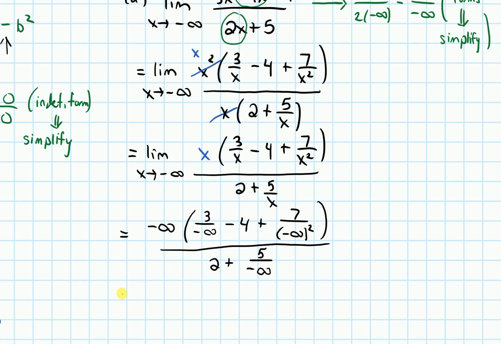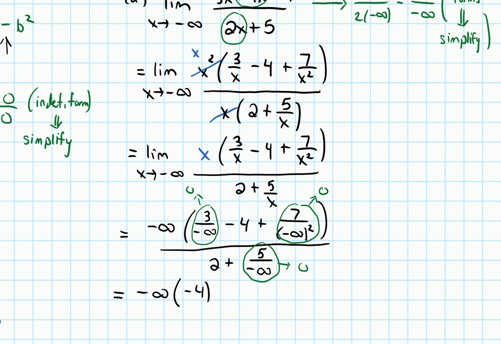So what we have now is this negative infinity in front of the parentheses on top. A bunch of these terms are just going to approach 0. So having 3 over a huge number, even though it's negative, means this is going to get really, really close to 0. Same thing with having 7 over negative infinity squared. It's going to get super close to 0. And same thing with 5 over negative infinity, that's going to get close to 0. So on the top, in the parentheses, we are left with just negative 4.